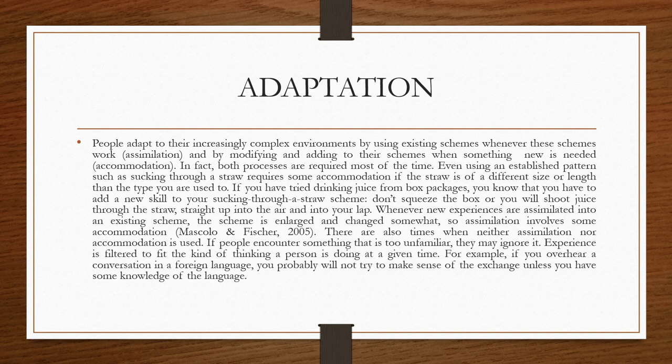Adaptation. People adapt to their increasingly complex environment by using existing schemas. Whenever these schemas work, assimilation is used; when something new is added, modifying and adding to their schemes is needed. In fact, both processes are required most of the time. Even using an established pattern such as sucking through a straw requires some accommodation if the straw is of a different size or length than the type you are used to.